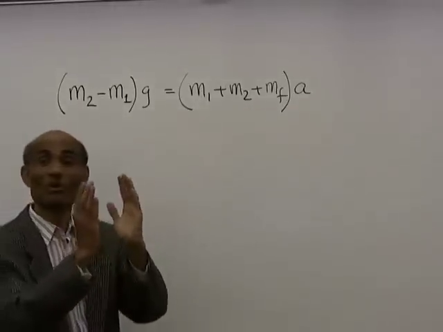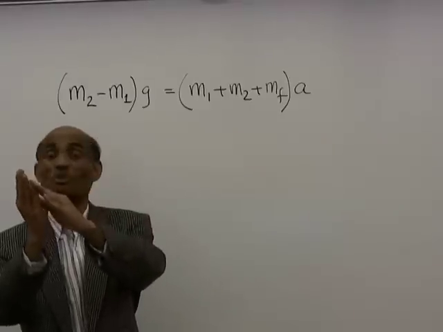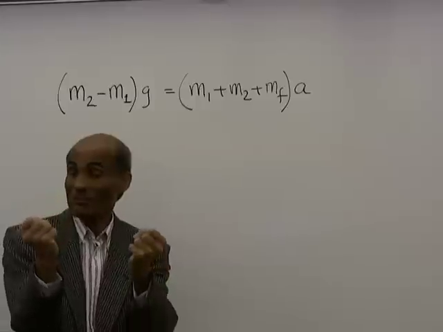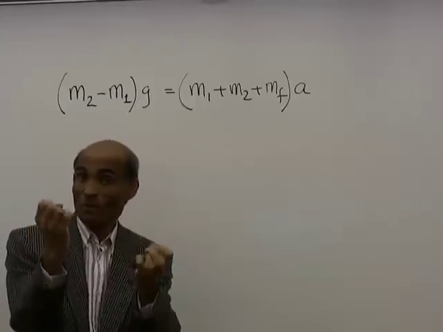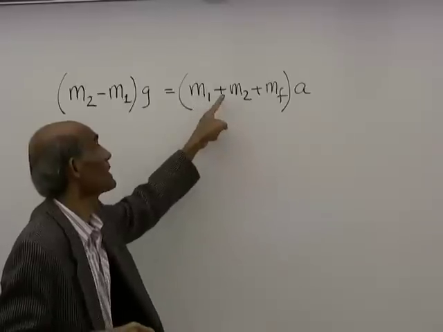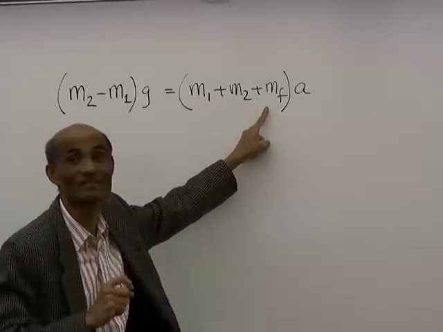We simply moved a certain mass from m1 and put it on m2. So, although m1 and m2 changed, m1 plus m2 never changed. That means m1 plus m2 plus mf in the second part is a constant.